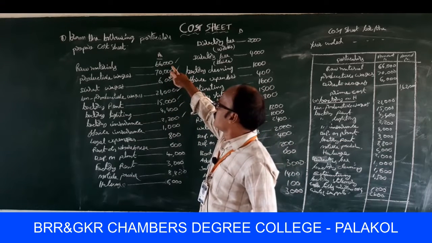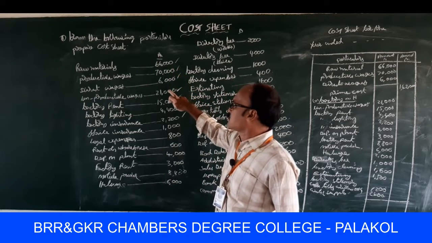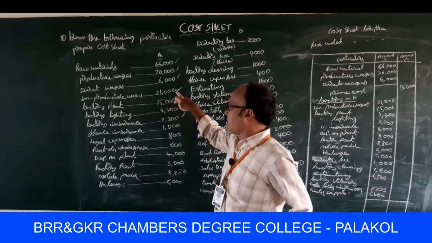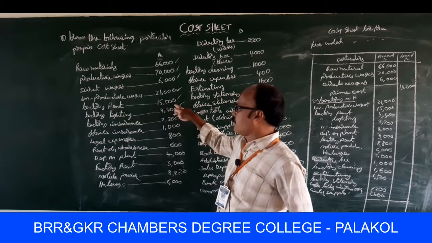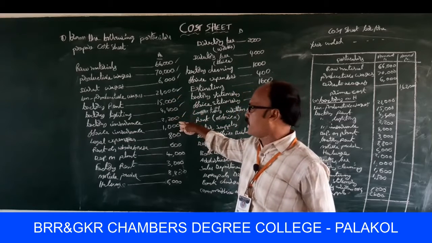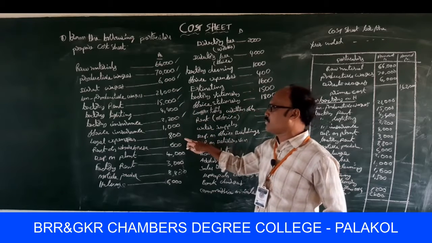Raw materials, prime cost. Productive wages, prime cost. Direct wages, prime cost. Unproductive wages, factory overheads. Factory rent, factory overheads. Factory lighting, factory overheads. Factory insurance, factory overheads. Office insurance, office overheads. Legal expenses, office overheads.